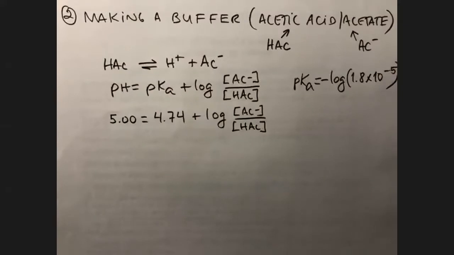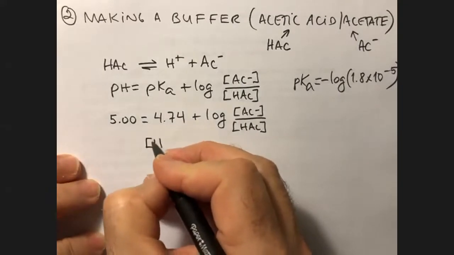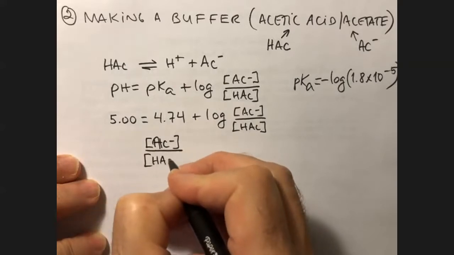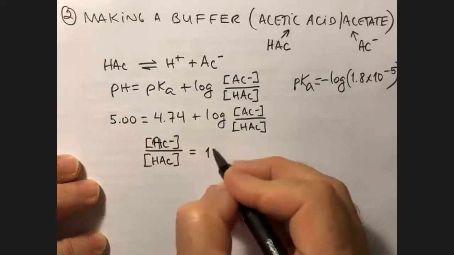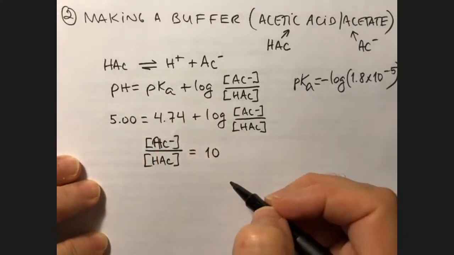We're going to try to find out what is the ratio that I'm looking for here, right? So what would be the ratio of acetate base to acetic acid? And that would be 10 to the difference between these two, which is 0.26, right?